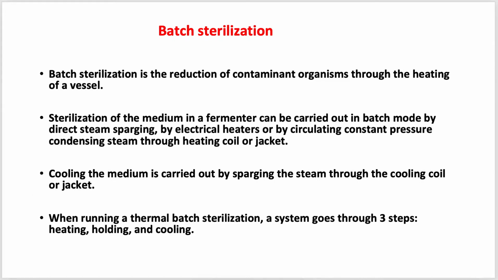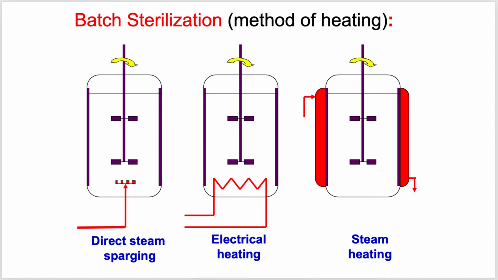If you look at this cartoon figure, it shows the different modes by which we can do batch sterilization. For example, one mode is that we can directly sparge steam into the media, and when this steam mixes with the media, it sterilizes the media. Or we can achieve the heating by using an electrical heating system, or we can use steam heating. In the case of steam heating, we will not directly sparge steam into the media.